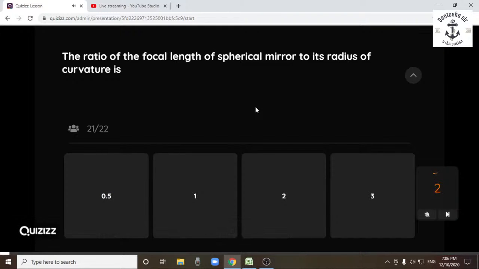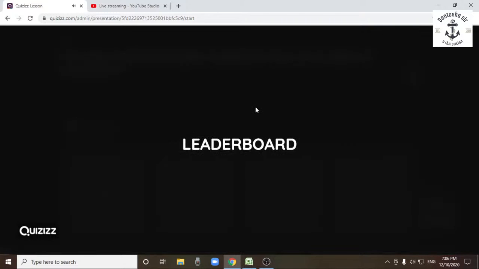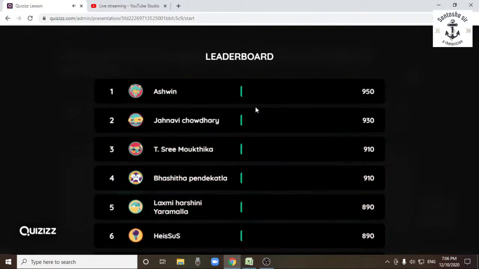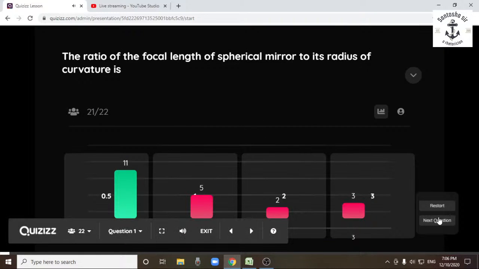One member already answered out of 22 participants. Okay, time is up. Let's check the scores. We have Ashwin followed by Jahnavi, Srimoktika, Bashita. 11 members answered this question right. Moving on to the next question.